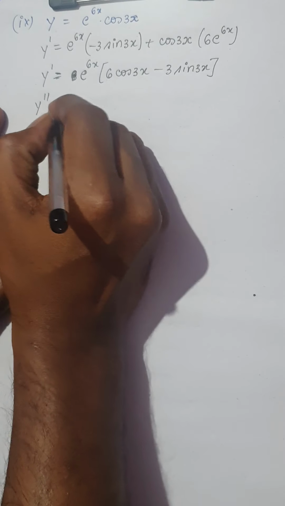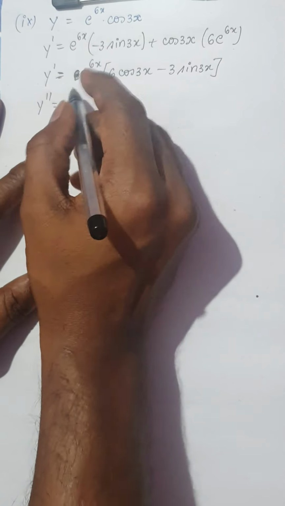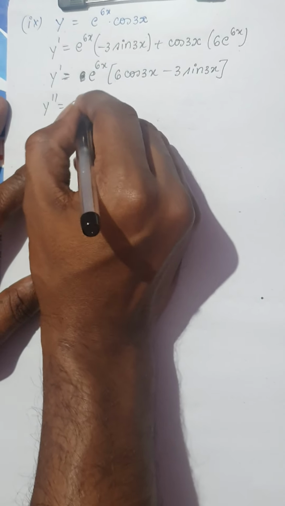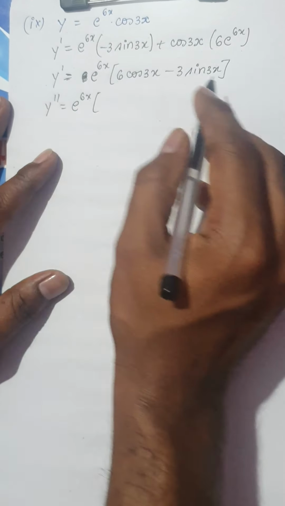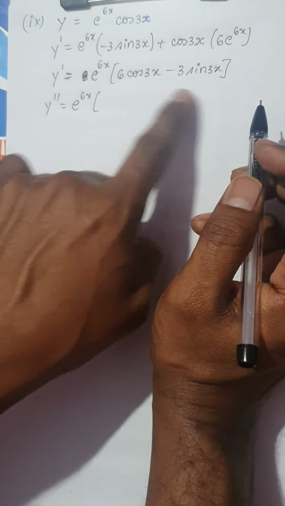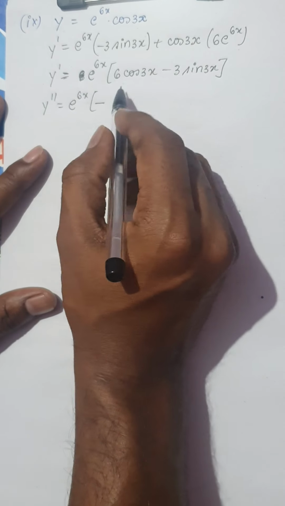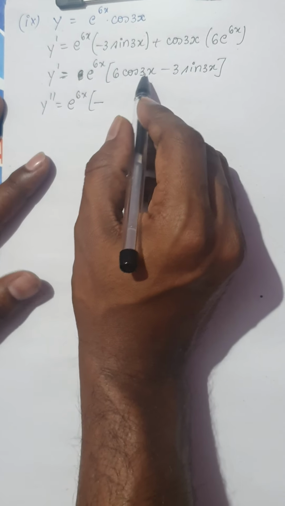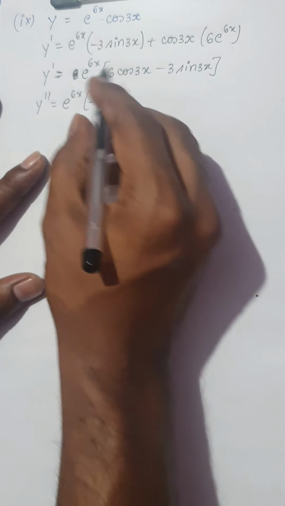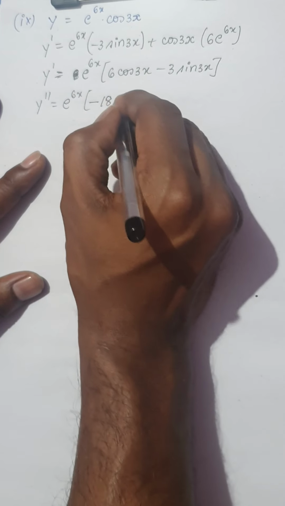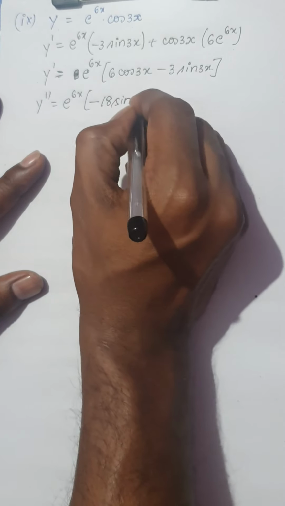So the second derivative y double dash is again a product of two functions. Keep e power 6x as it is, which is the first function. Let me differentiate this. Now the derivative of cos of 3x is, we know, minus a sine 3x. So now if this 3 is multiplied by 6, I'll get 6 3s are 18 sine 3x.